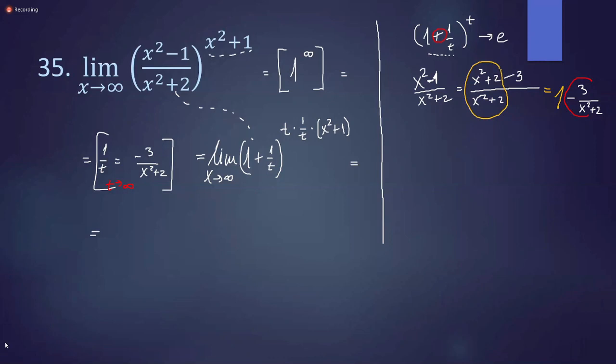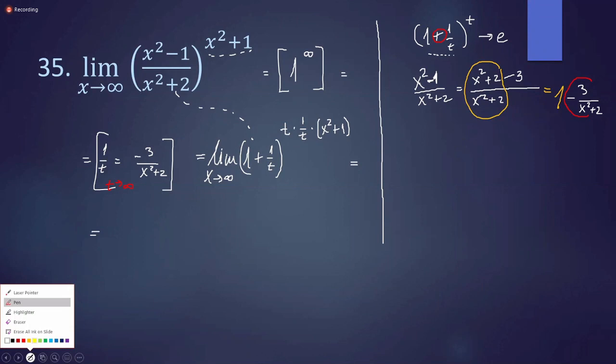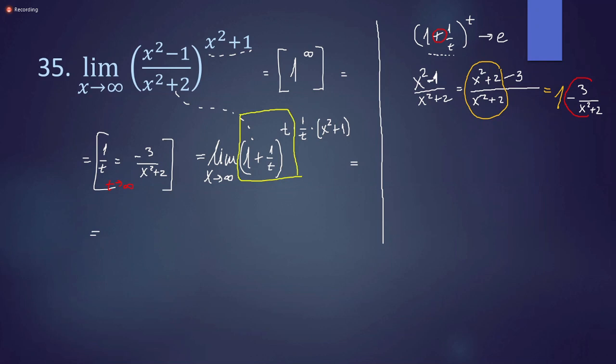Now, the next step was, remember, that the limit of this is e. So in fact, I now have the limit when x tends to infinity of e to the power 1 over t times x squared plus 1. 1 over t is this.